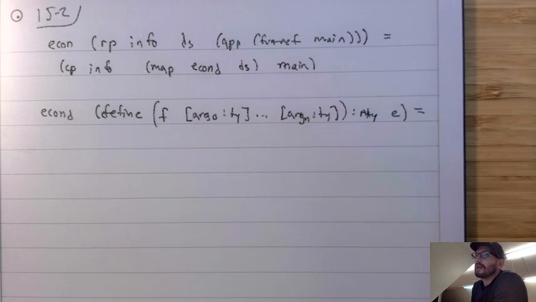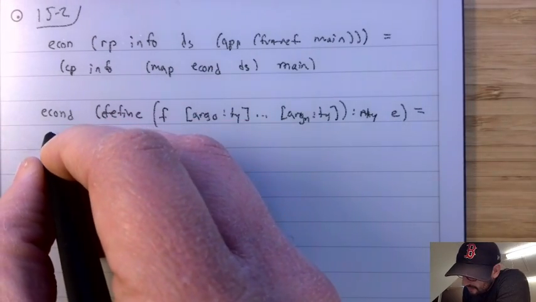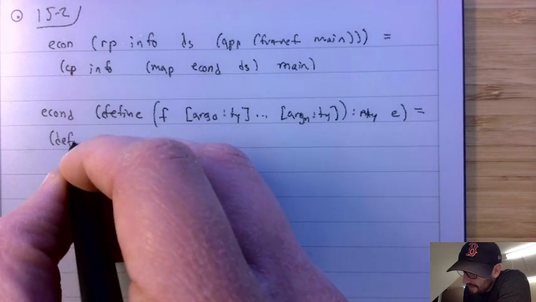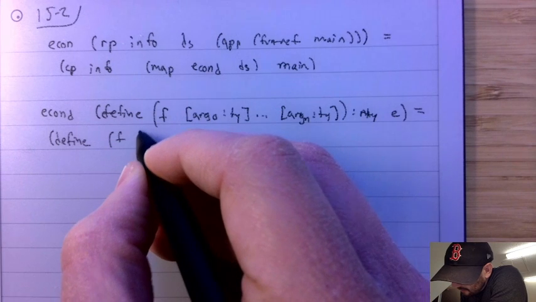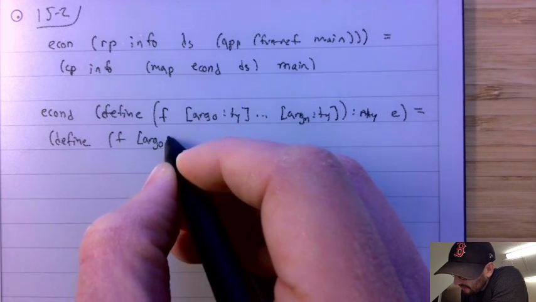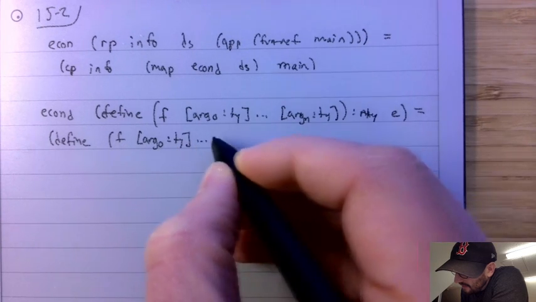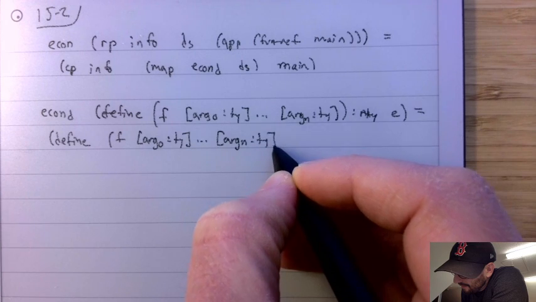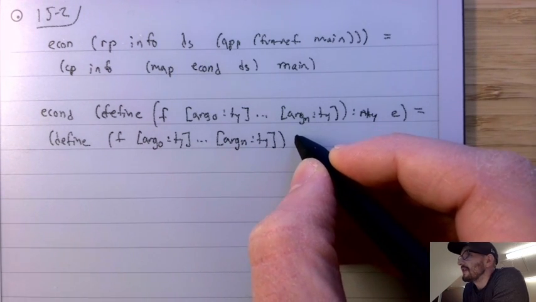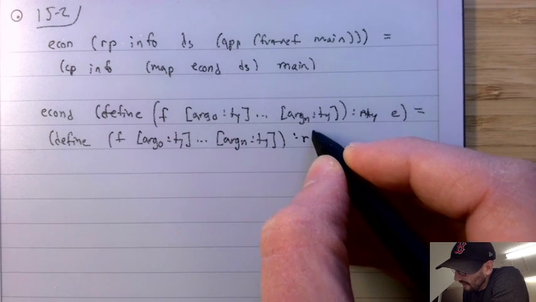Okay, and what are we going to return? Well, we're going to return a C definition, so it's going to be a define, and it's going to have the same name, f, the same arguments, arg0 type, up to arg n type. The result is still going to be the same, the return type.